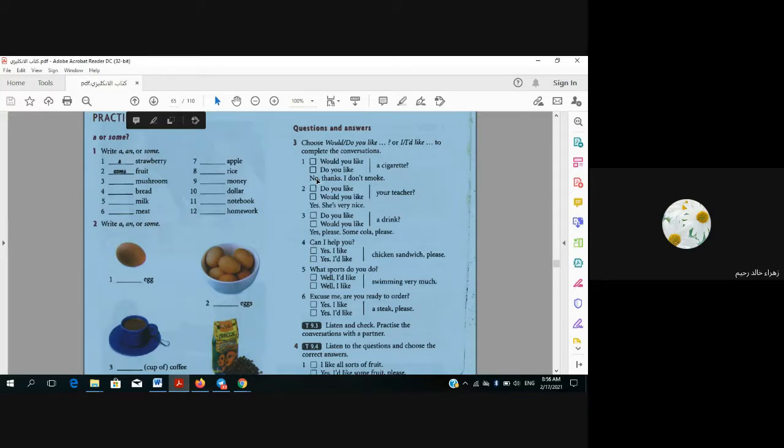And the second one, do you like your teacher or would you like your teacher? Do you like your teacher, because it's not an offer. The third one, do you like a drink or would you like a drink? Would you like a drink?